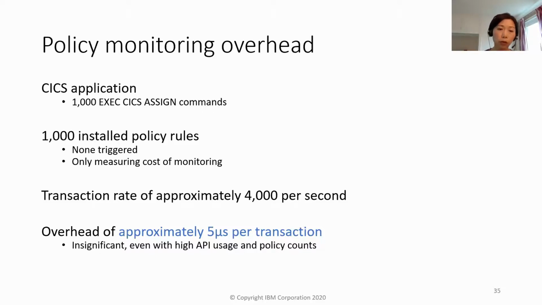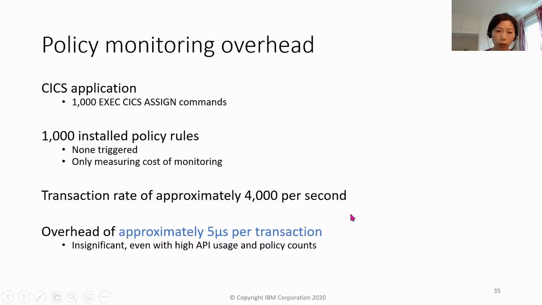So we only measure the cost of monitoring. So imagine you have a number of rules running in your CICS region. They are all happily monitoring. If there is any violation, the system will output according to the action you defined. So we wanted to measure the cost of monitoring here.